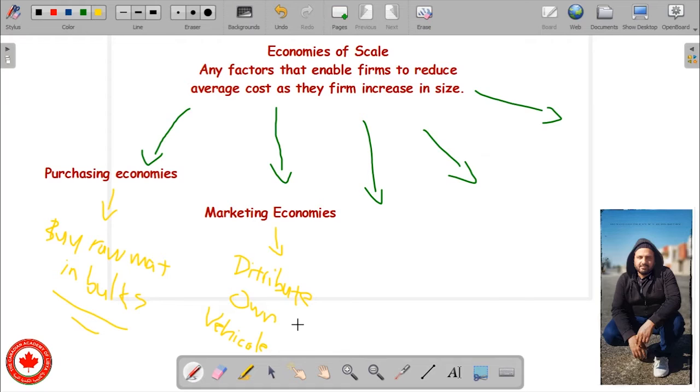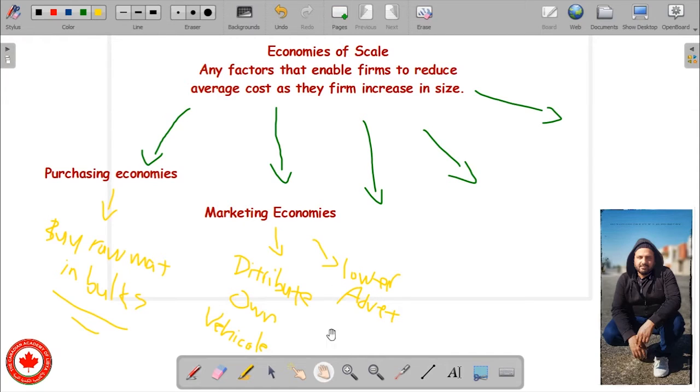Beside that, large companies are able to reduce the advertising cost proportionally speaking compared to the small firms.